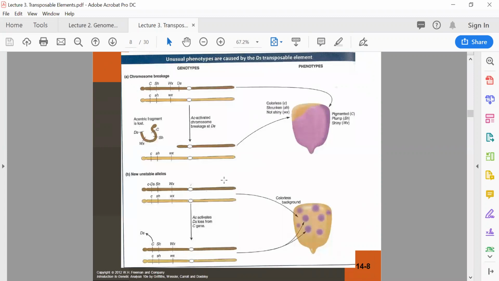All right, and now we've got a derivative of that original line, and this derivative produced new unstable alleles. Well, one in particular. We've got the same sequence of dominant alleles, and the same sequence of recessive alleles on the homologous chromosome number 9.